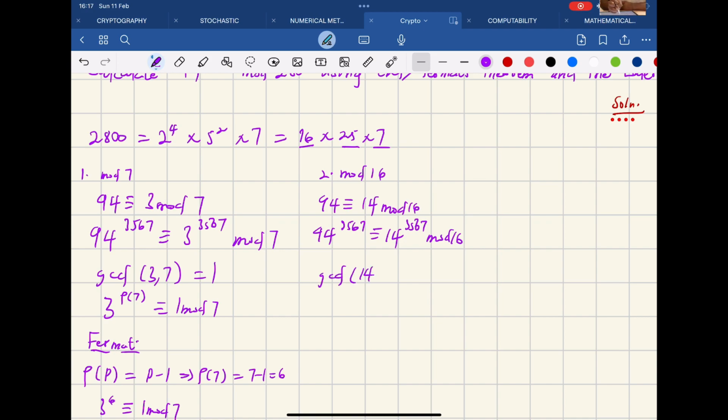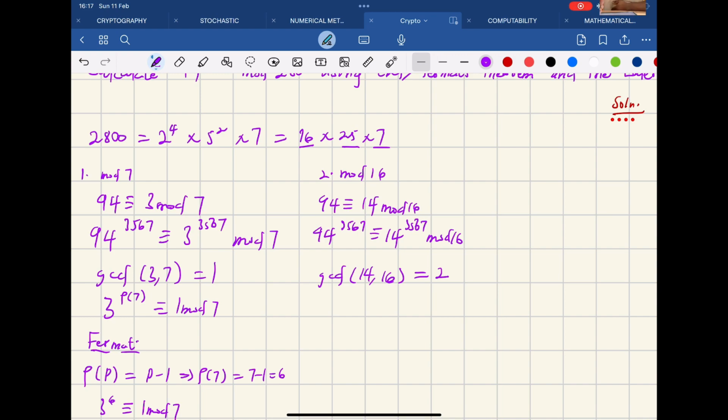The GCD of 14 and 16 is equal to 2. Note that because the GCD of 14 and 16 is not equal to 1, we can't use either Fermat's or Euler's theorem.